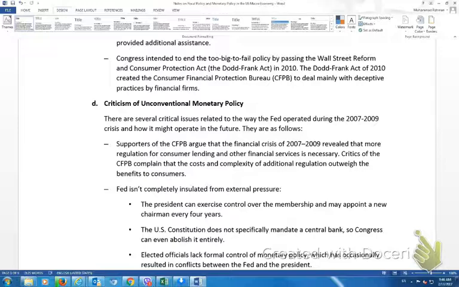Now the critics argue that the CFPB had imposed an unnecessary amount of complexity in carrying out financial transactions.